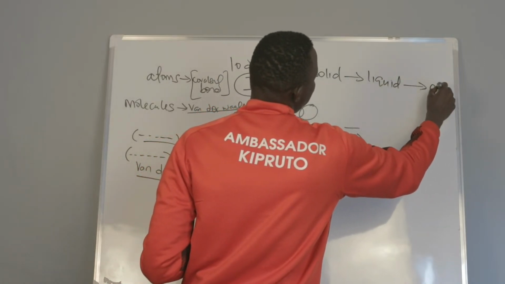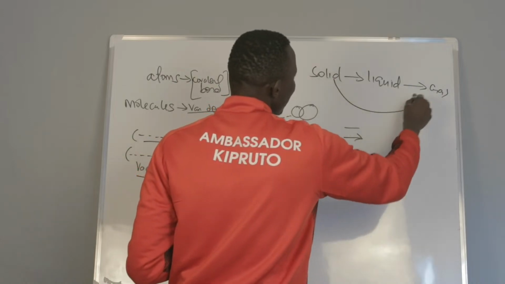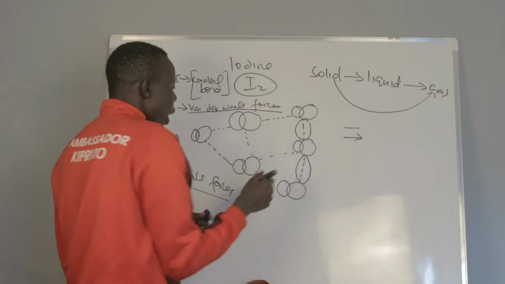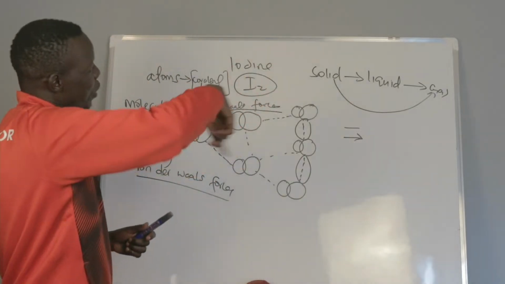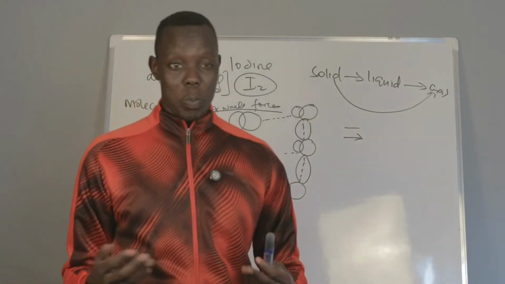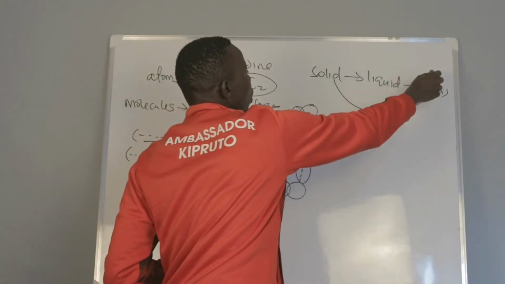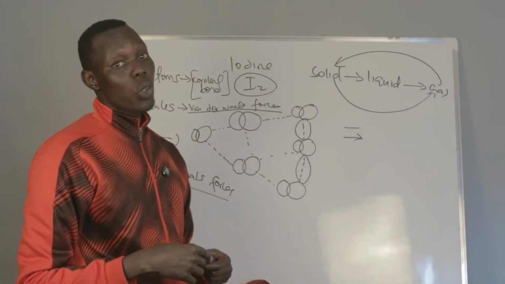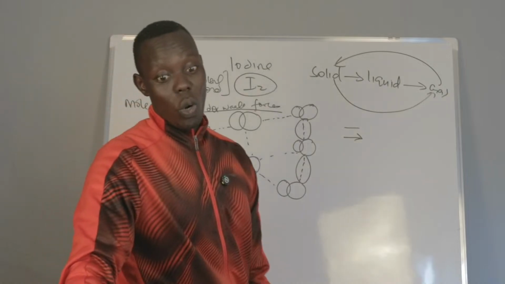But iodine will move directly from solid to gas because of van der Waals force when we just heat it, a process known as sublimation. And when you cool it, it changes from gas directly to solid, a process called deposition.